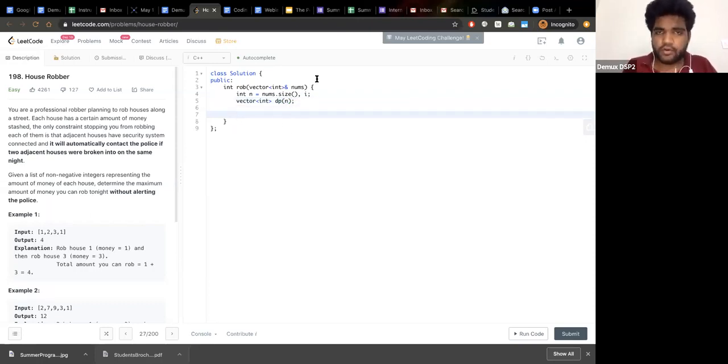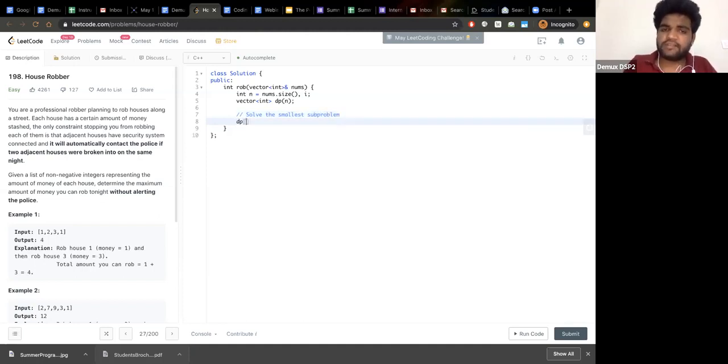Now you know that you are solving from the smallest subproblem to the biggest subproblem. So the first step is to solve the smallest. The smallest subproblem is generally a problem for which you would have the solution at hand. So what is the smallest subproblem? N minus 1, which is just one size, and for that it will be whatever the value is.